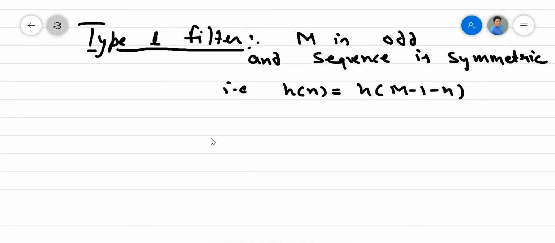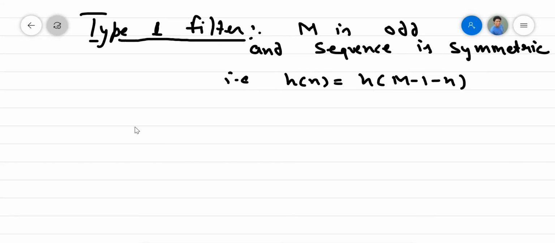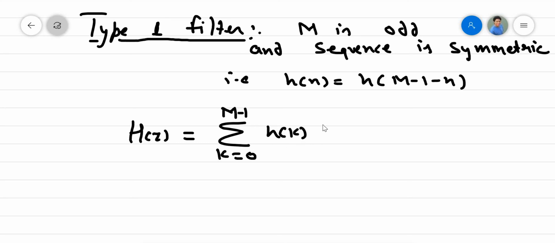Now we want to realize this particular system, the type 1 filter, and we know H(z) is equal to the summation k equals 0 to M minus 1 of h[k] z^(-k). Right? We know this from the previous equations which we have seen.